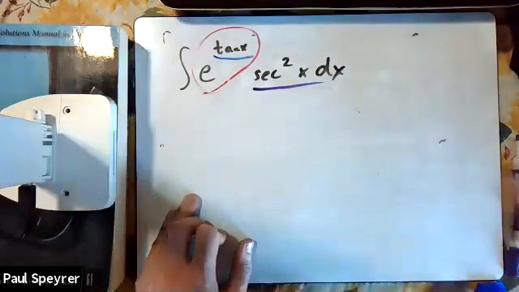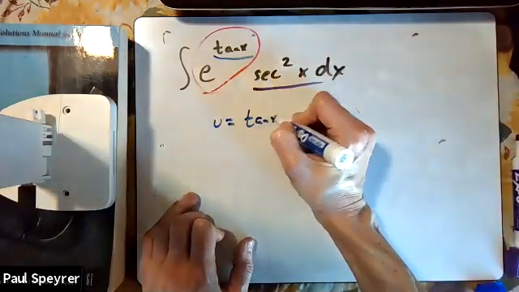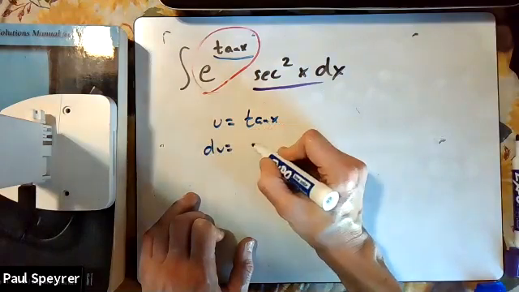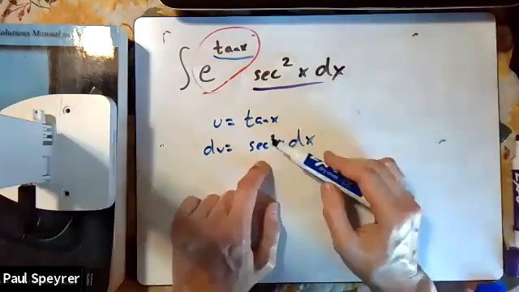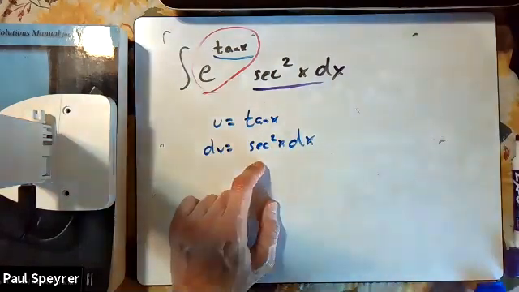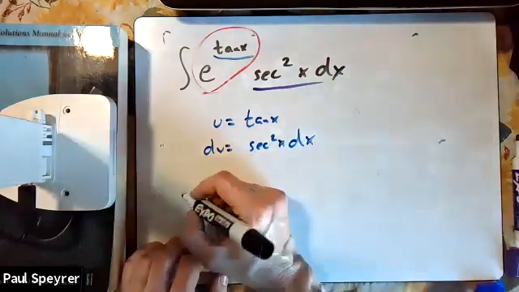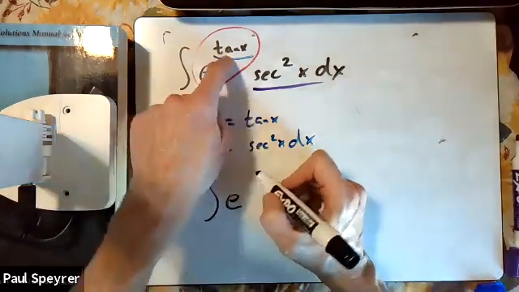What if we let u equal the blue, tan x? What's its derivative? It's secant squared of x dx. Ah, there we go, because that matches the purple, right? Look, that's exactly what we needed. So if we rewrite this in terms of u, what do we have? It's still e, but this time it's to the u, right?